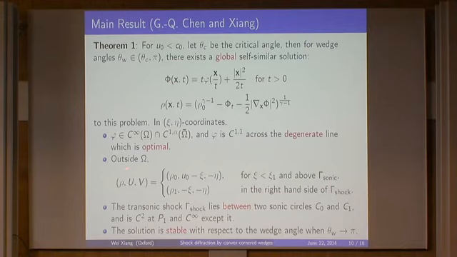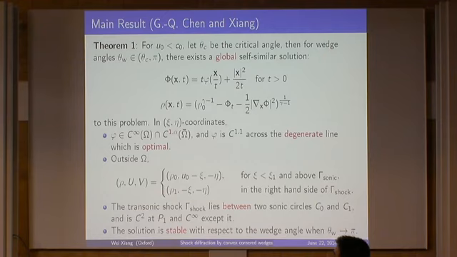Maybe I draw a picture of the shock reflection. The structure is this: this is the sonic arc, and this is the shock. The sonic arc we call C0.